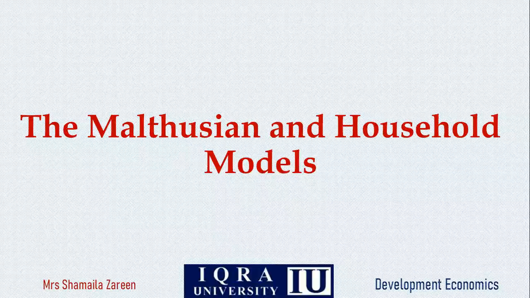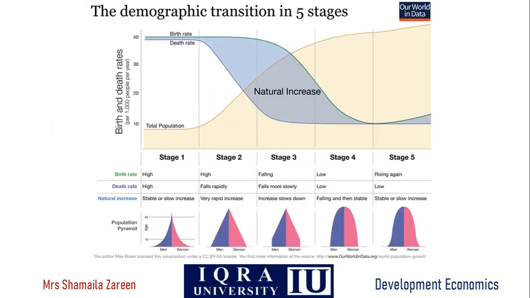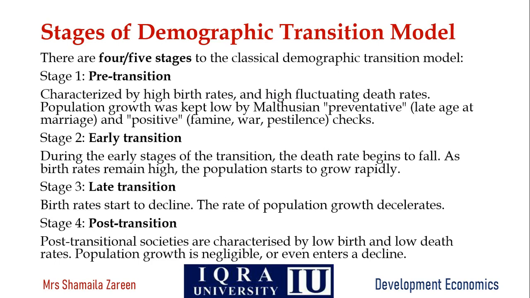We have explained here the five stages of the demographic transition, and the first and second stage apply to the less developed nations, and the second and third stage to the middle income nations, and then the fourth and fifth stage to the highly developed or more developed nations, the high income nations.